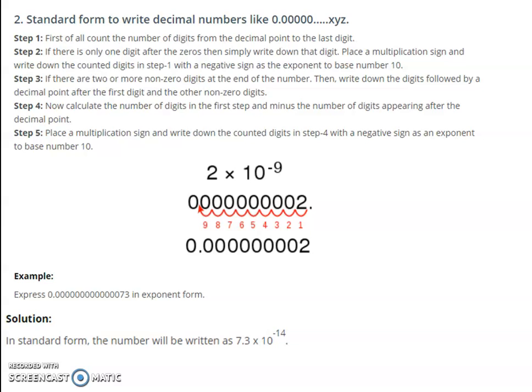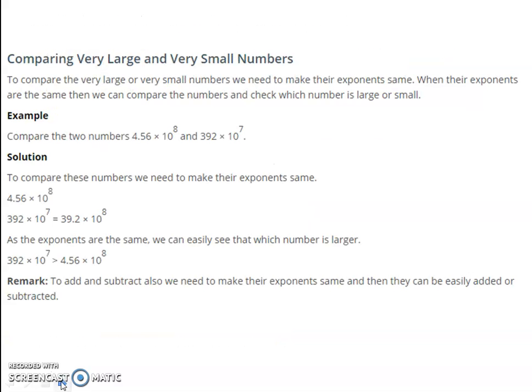Then the next topic is how to compare very large numbers or very small numbers. Here you have the first and foremost rule. To compare very large or very small numbers, we need to make their exponents the same.